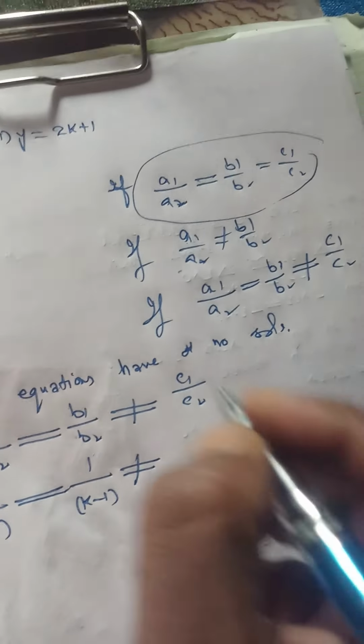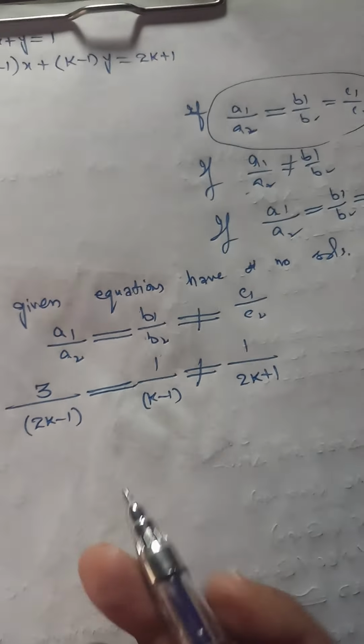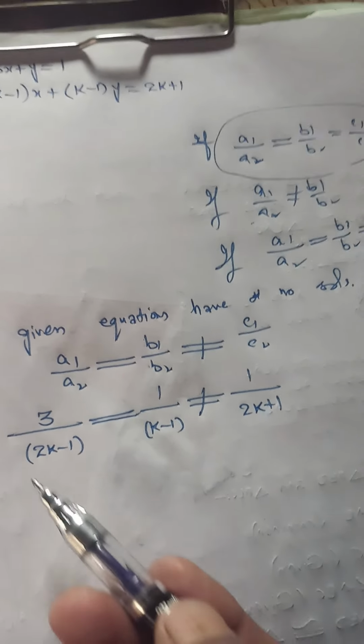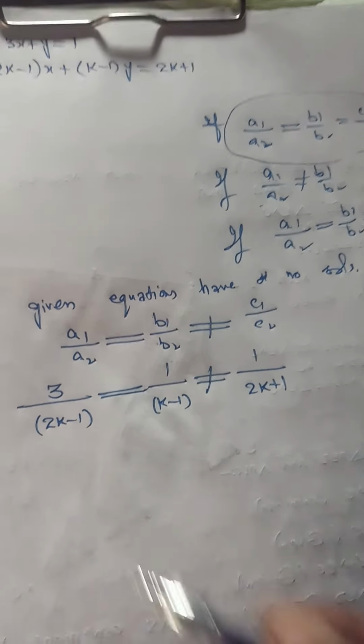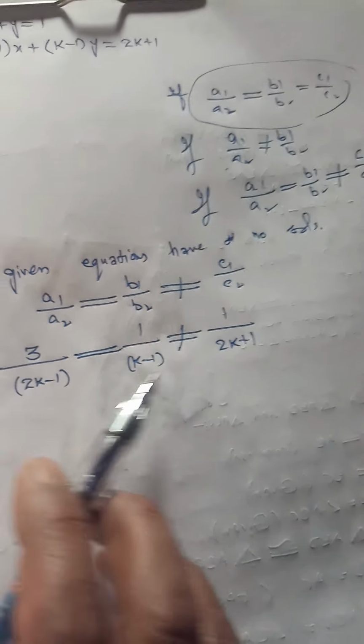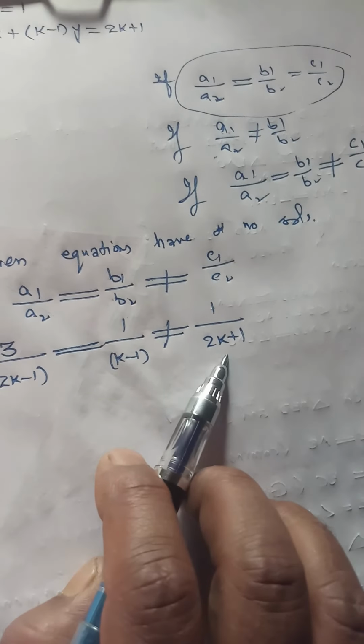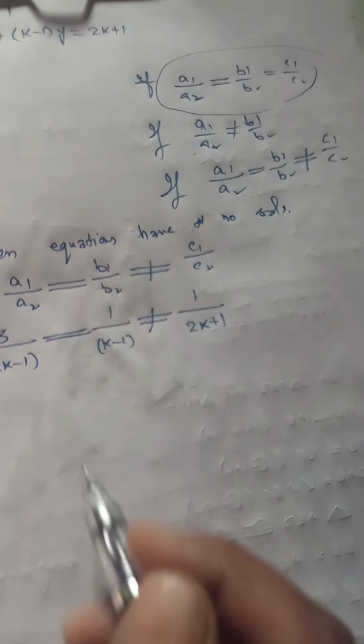This is not equal to c1, that is 1, divided by c2, which is 2k plus 1, right? Now look here, we write two types of equations. This is equal to this, and both these two terms are not equal to the third one. Now we write separately.